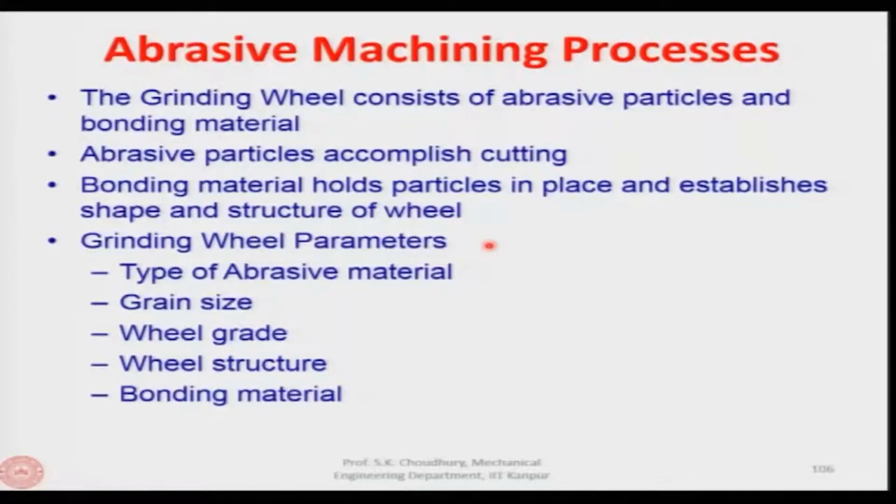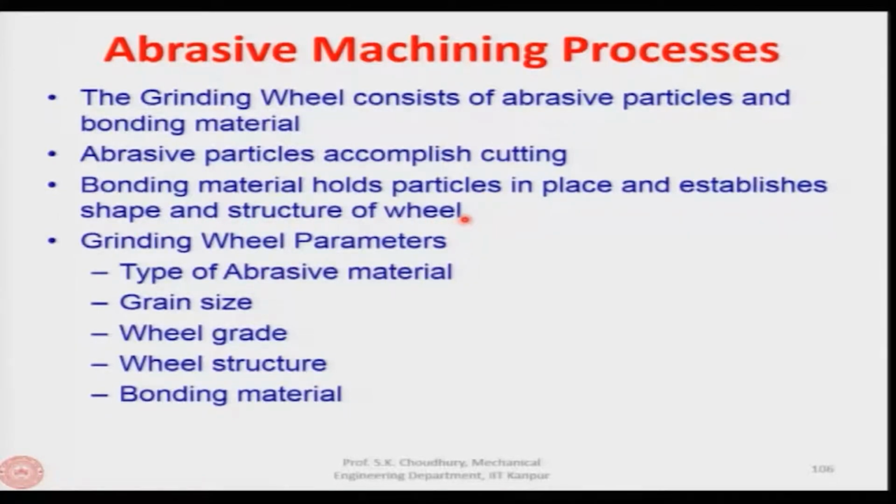Now, in abrasive machining processes, the grinding wheel has a lot of abrasive particles, as I said. All right. Abrasive particles accomplish cutting, and the bonding material holds the particles in place and establishes the shape and structure of the wheel.